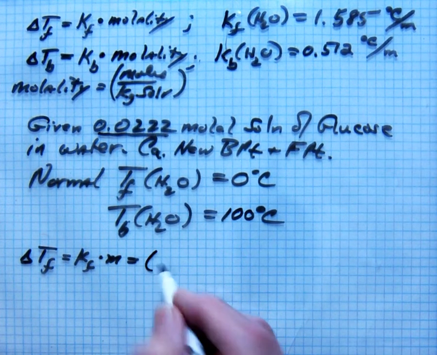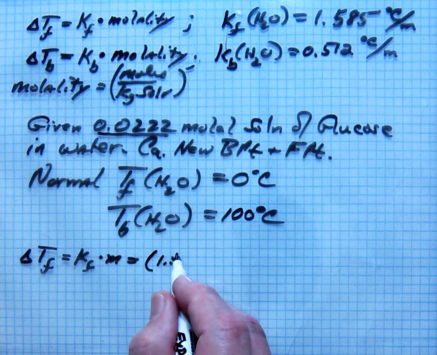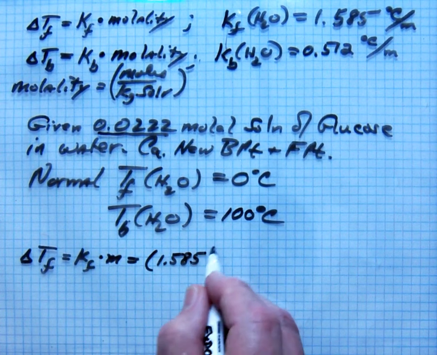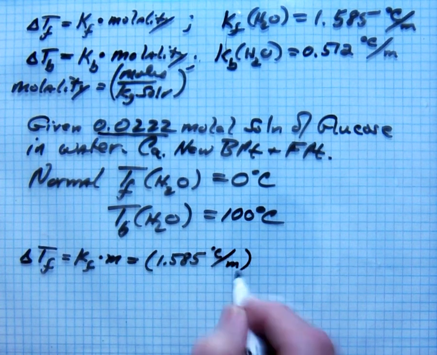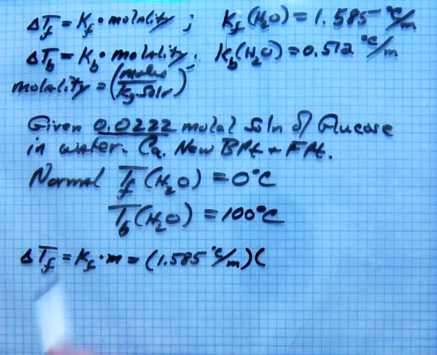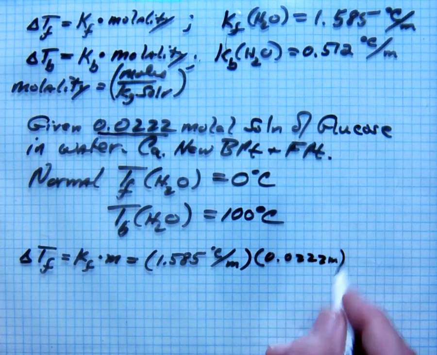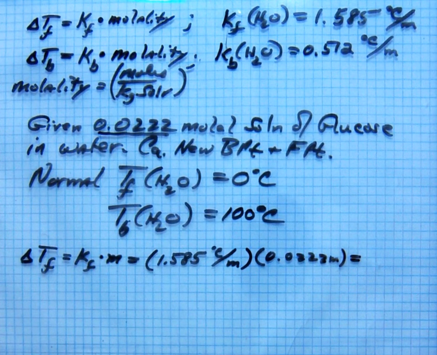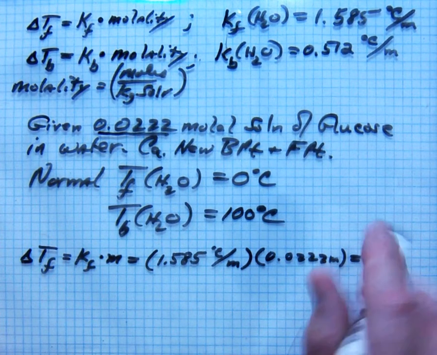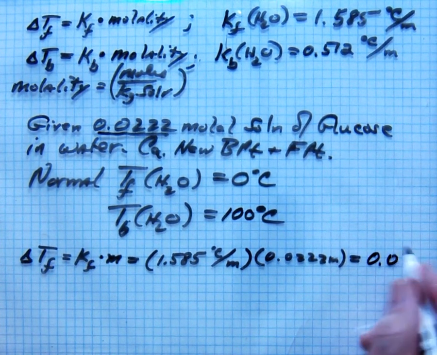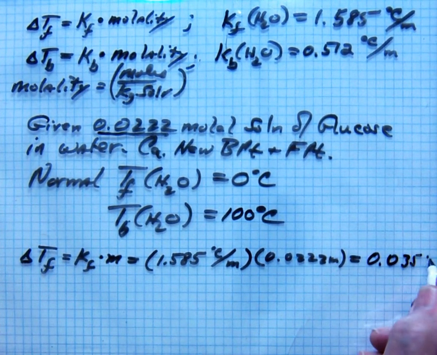So here we have 1.585 degrees C per m times the molality, which was 0.0222 m. And so that change in temperature will be 0.0222 times 1.585, 0.035 degrees C. So this will drop the temperature by 0.035 degrees C.